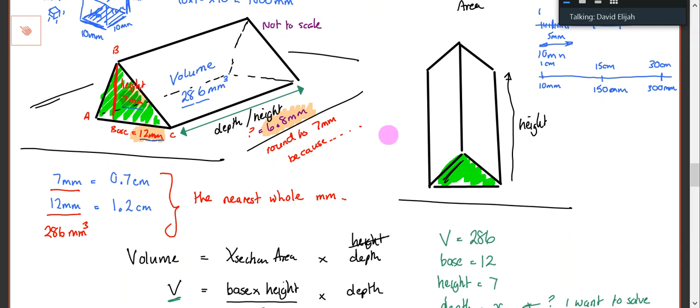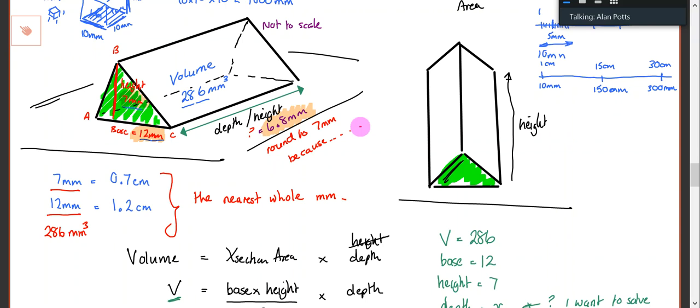Because it's not a whole millimeter and it's not really measurable. Yeah, exactly that. It's just not something I could measure. So I would write down my answer as 6.8, but I would then say I'm going to round to 7 because, so don't just go straight to 7, put it afterwards and say my degree of accuracy is going to be the nearest whole millimeter because millimeters are so small.